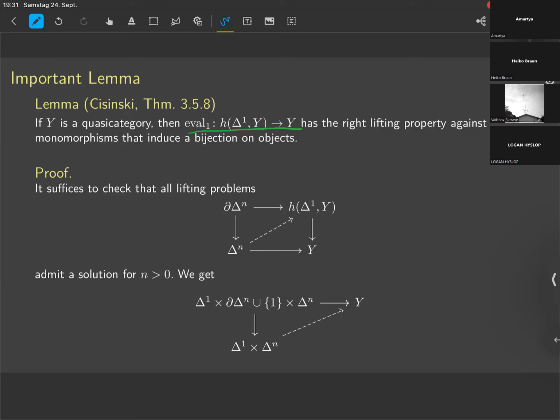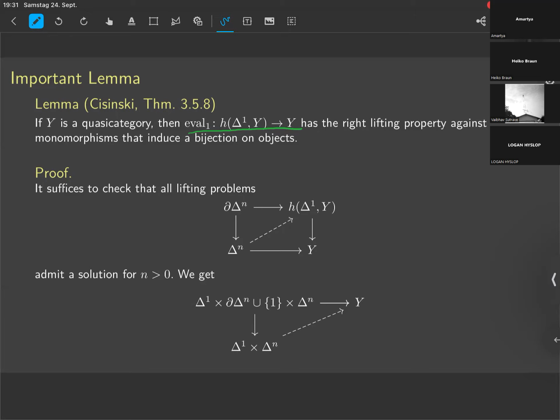To prove that there's the right lifting property against the monomorphisms that induce projections on objects, it suffices to show this for the boundary inclusions, but n is bigger than 0. And 0 is the only thing in these constructions where we get additional points. So in this situation, we just get the projection on objects when we consider only those ones.